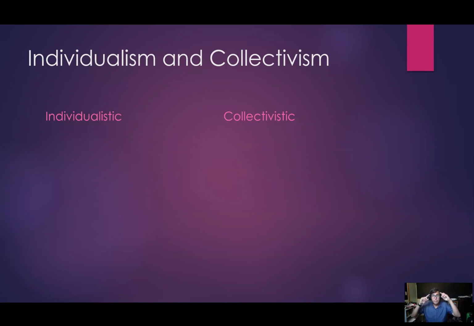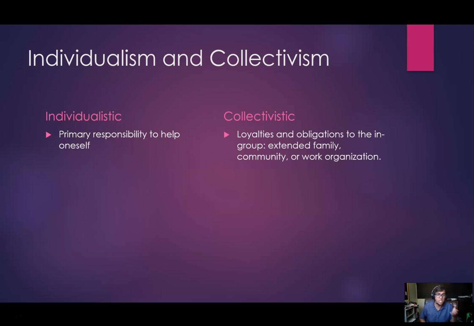Next, we move on to mindset, and mindset is focused on individualism versus collectivism. Individualistic cultures are primarily responsible to help oneself. Whereas in collectivistic cultures, loyalties and obligations to the in-group, extended family, community, or work organization are the most important. So, where individualism is about the I identity, collectivistic cultures are about the we identity.